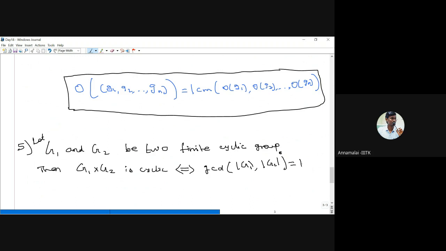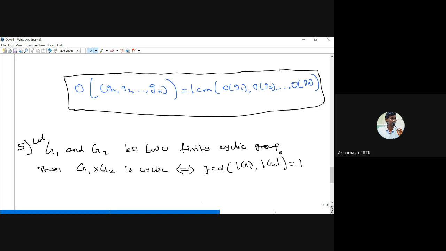That is, the order of G1 and the order of G2 should be relatively prime. Then the group is cyclic. If the GCD is not equal to 1, the direct product of two cyclic groups need not be cyclic.